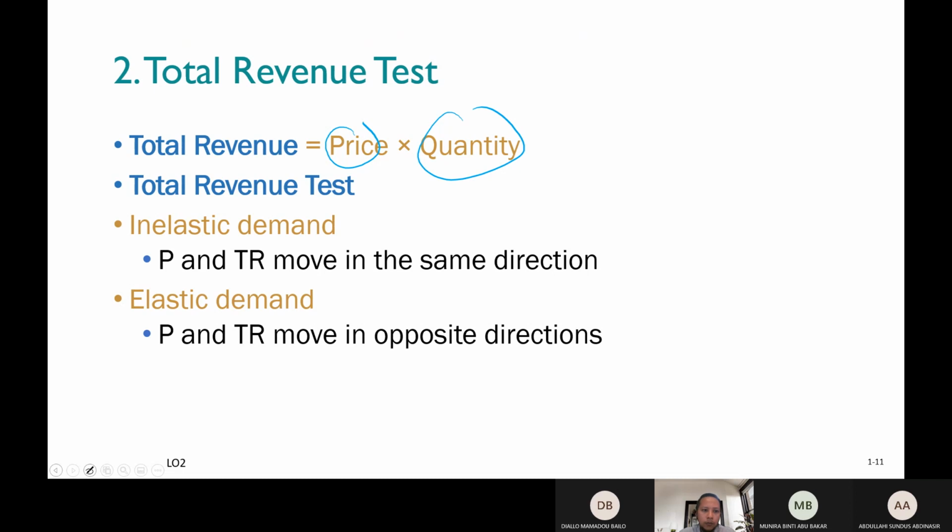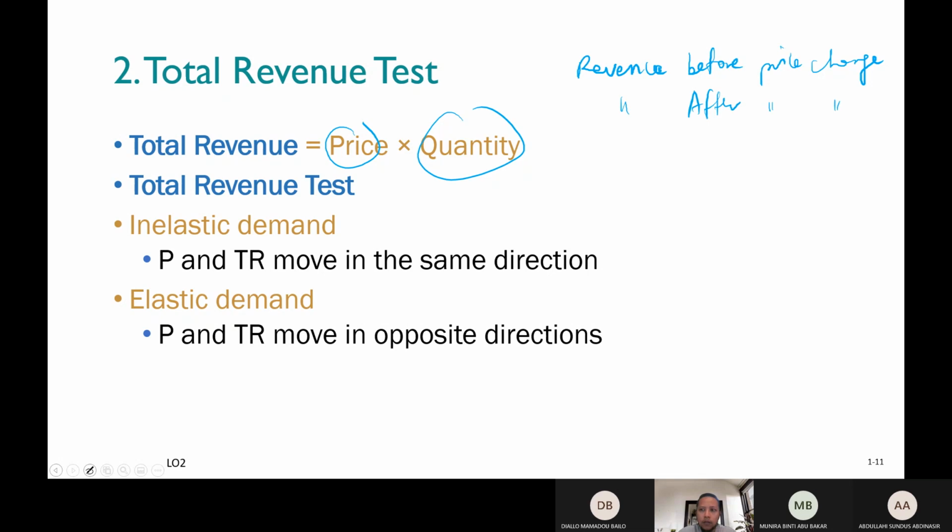So when you make the price change, you then calculate the revenue again. So you have the revenue before price change and revenue after price change.